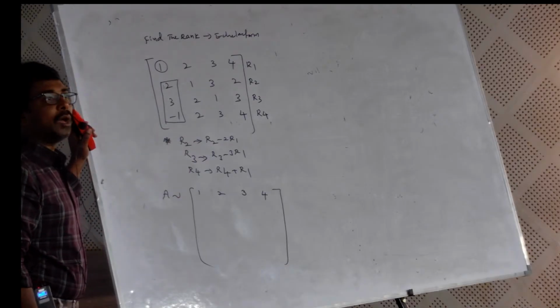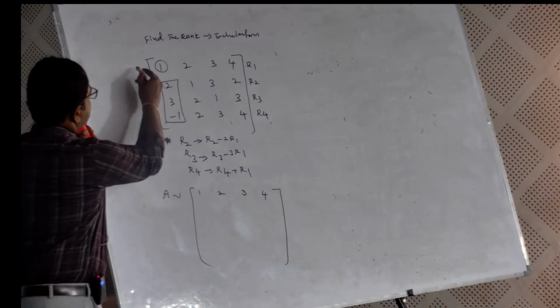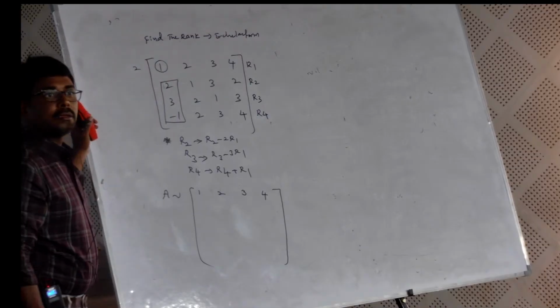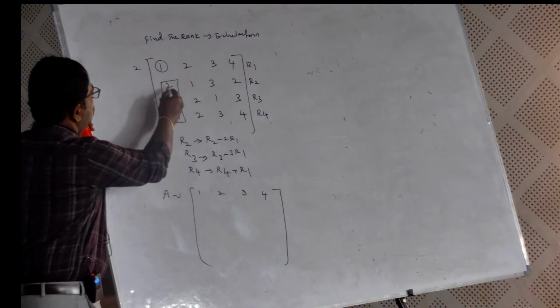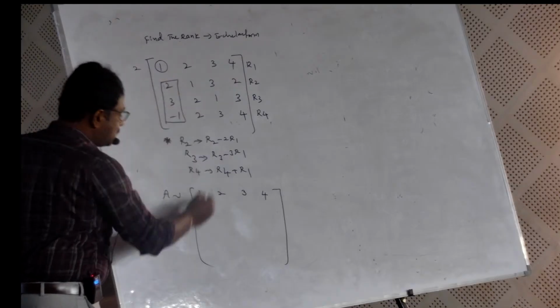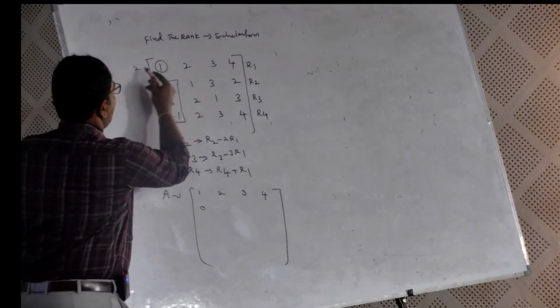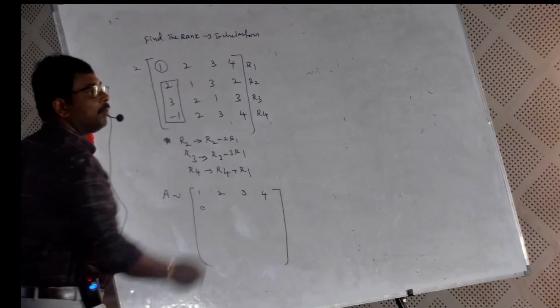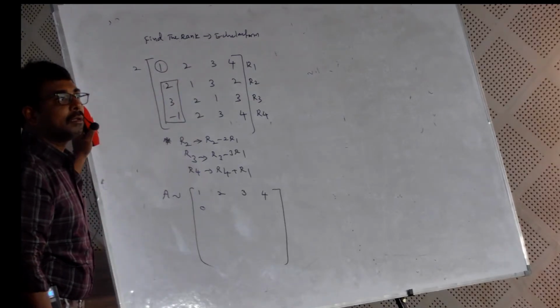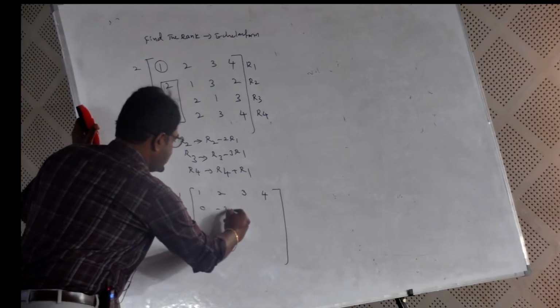R2 minus 2R1. 2 minus 2 into 1, 2 minus 2, 0. Next, 1 minus 2 into 4, 1 minus 4, minus 3.